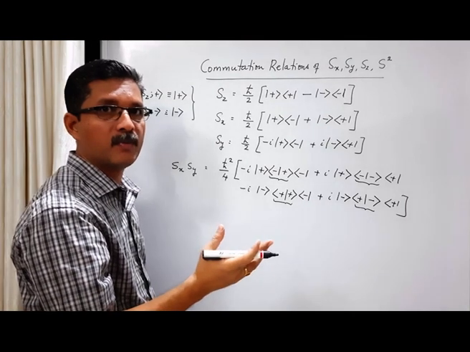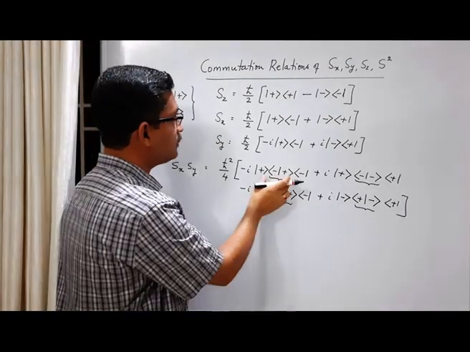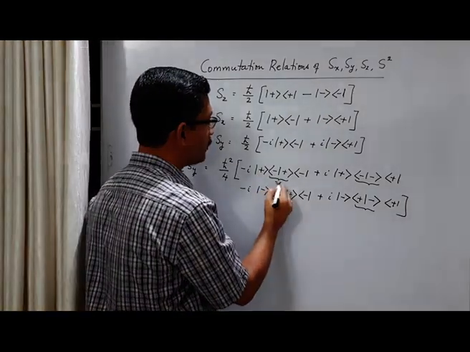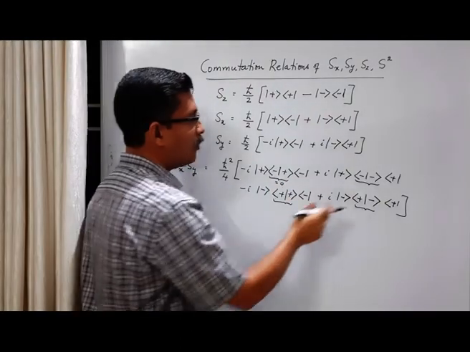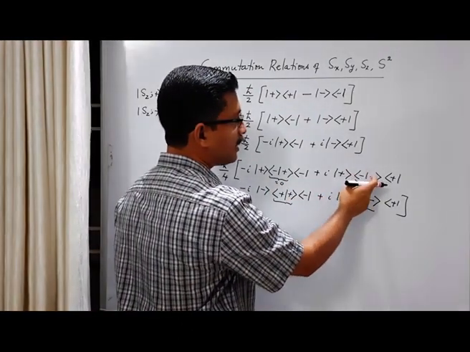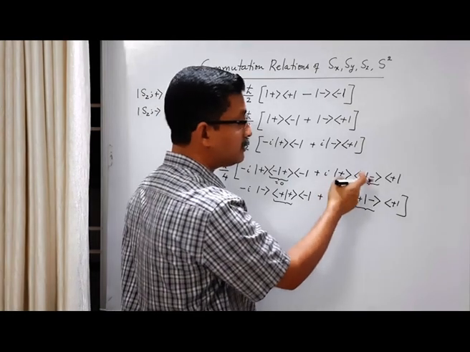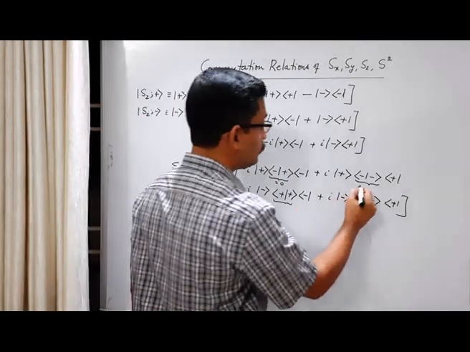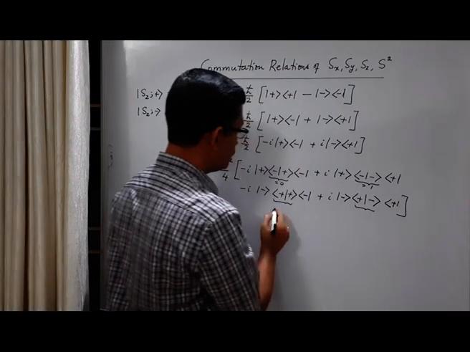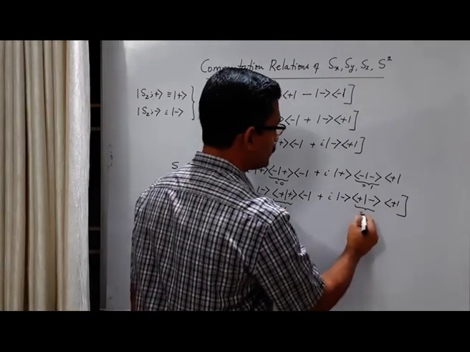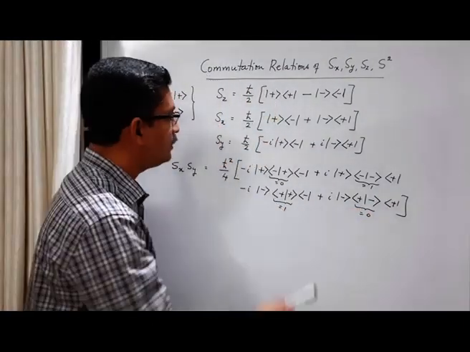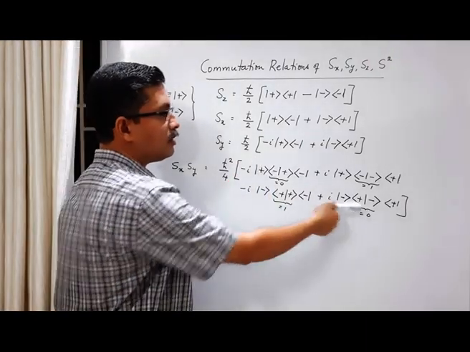Eigenkets of any Hermitian operator are mutually orthogonal. So what is the inner product? It will be 0. What is this inner product? It's the inner product between ket minus with itself, and these are normalized eigenkets. So this is 1. Similarly, this is 1 and this is 0. So there are 4 terms, but 2 terms will be 0.